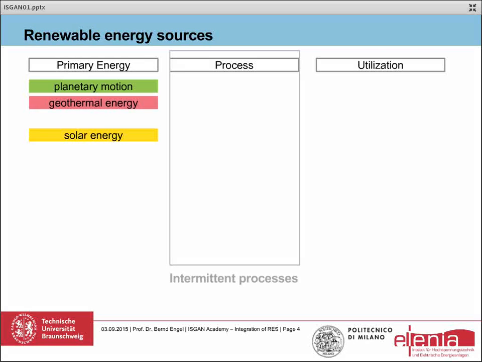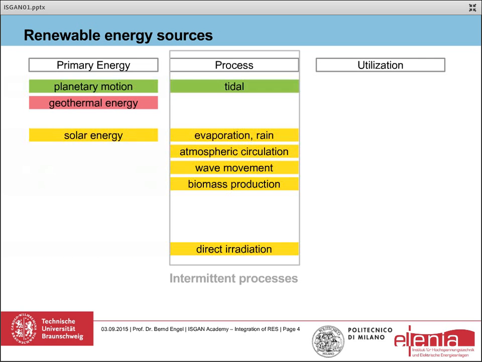There are different processes: for the planetary motion, the tidal process; for the solar energy, evaporation, rain, atmospheric circulation, wave movement, biomass production, and of course the irradiation from the sun.